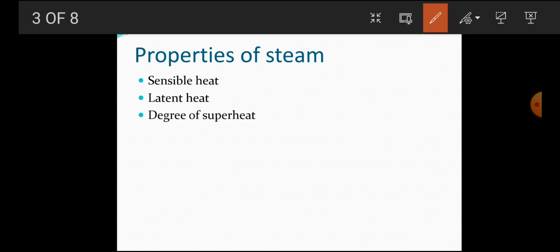The heat energy required to raise the temperature of a substance is called sensible heat. Sensible heat means the amount of heat required to raise the temperature of the water. That is one important definition.